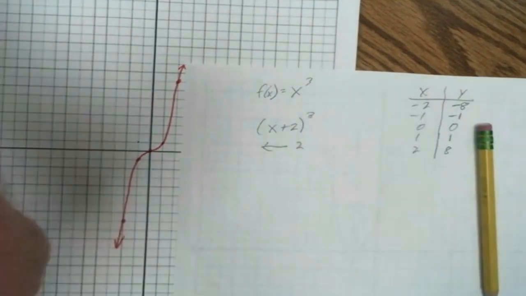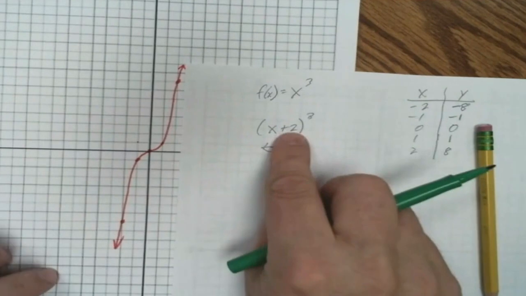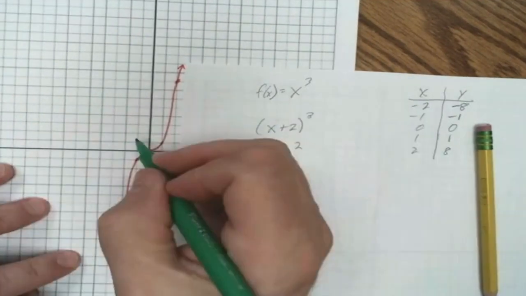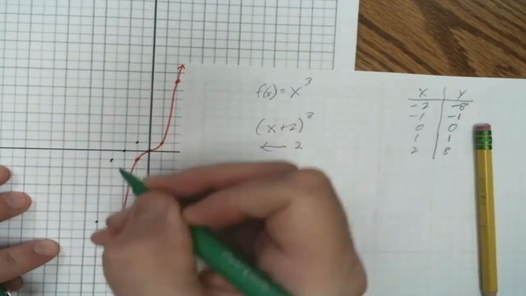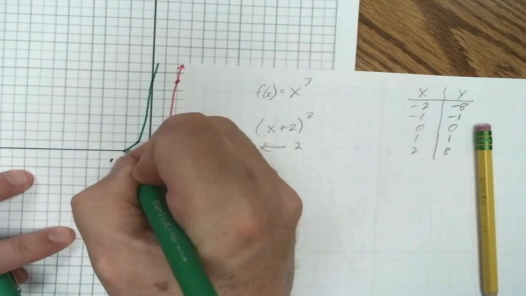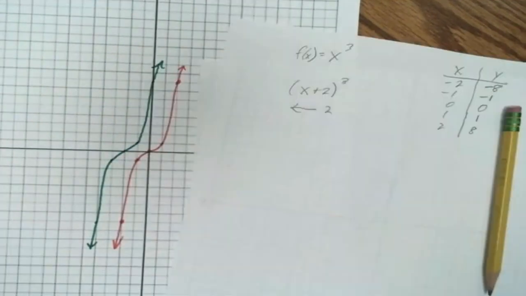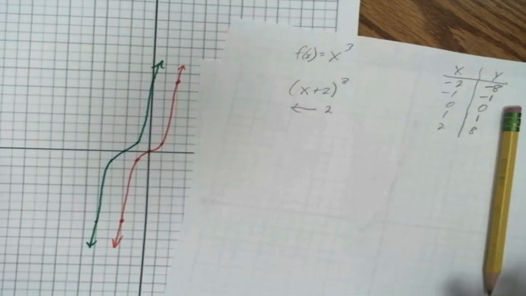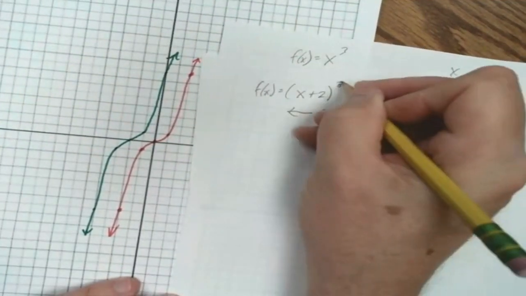So every point would move over 2 to the left. Same graph, just 2 to the left. That's f of x equals x plus 2 to the third.